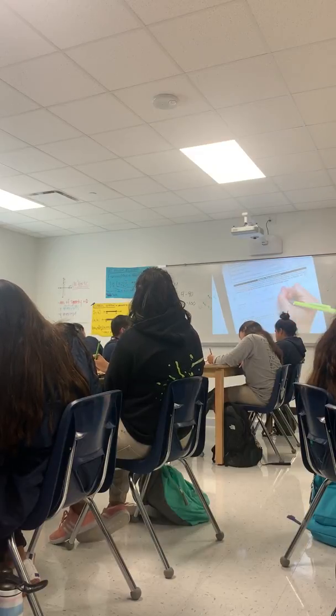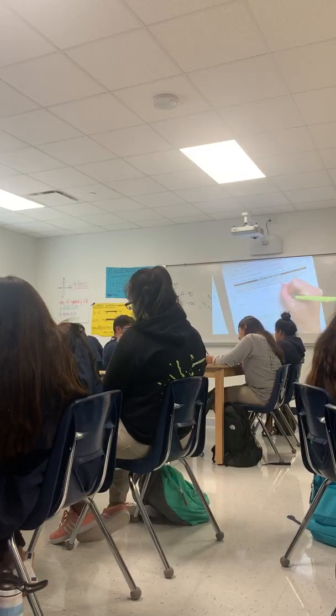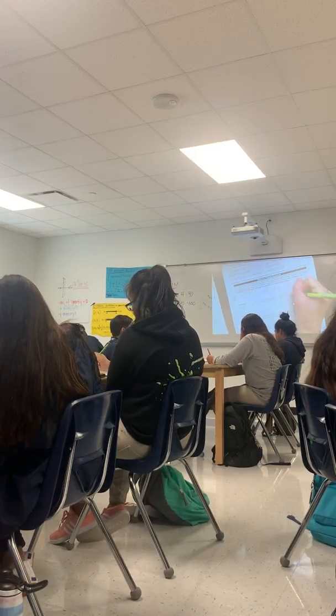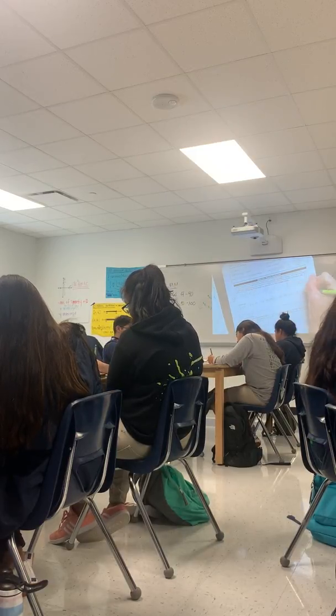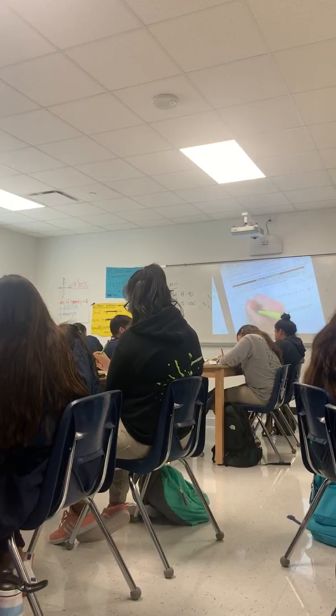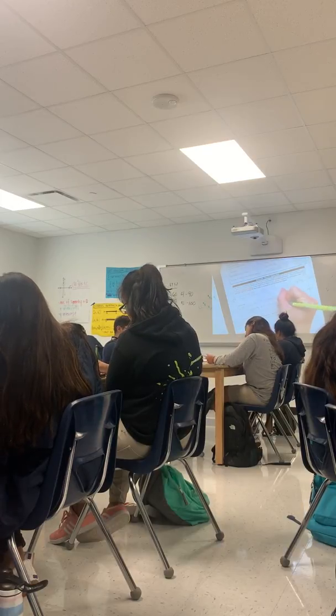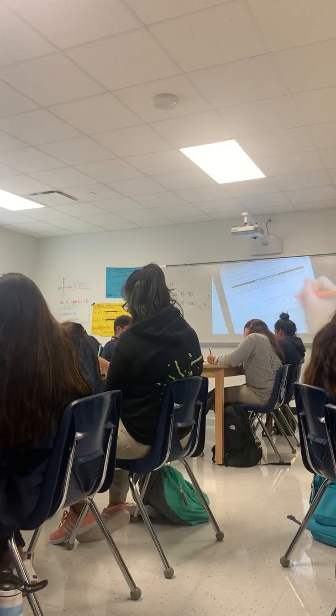I'm no longer saying the function. I now have to say what the function represents, which is the height of the object, is increasing or decreasing? Decreasing. Good. Decreasing at an average rate of 18 feet per second.